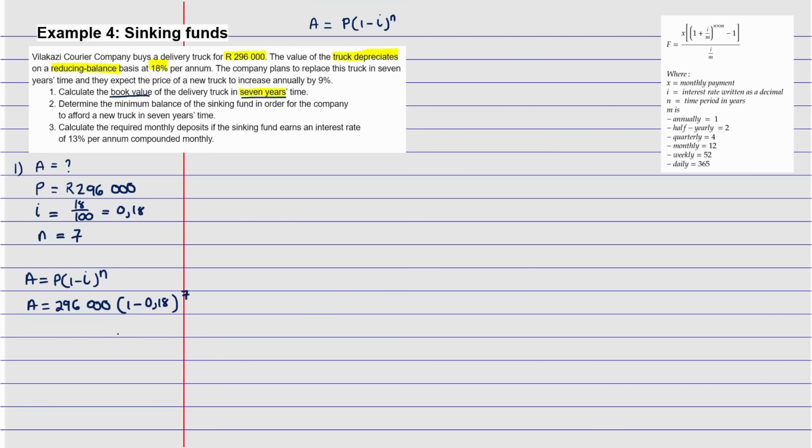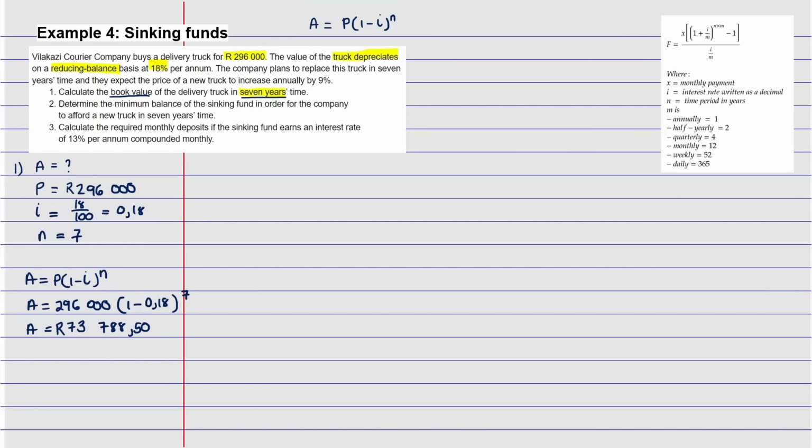Now paste this into the calculator. A is going to equal 73,788 and 50 cents. So this is how much the truck will be worth in 7 years' time.